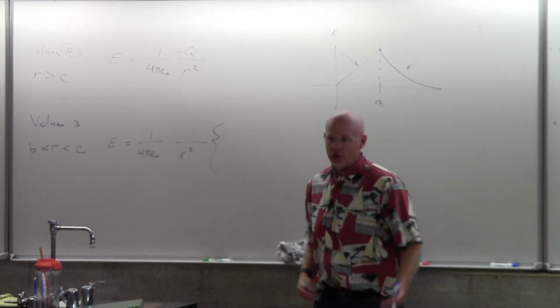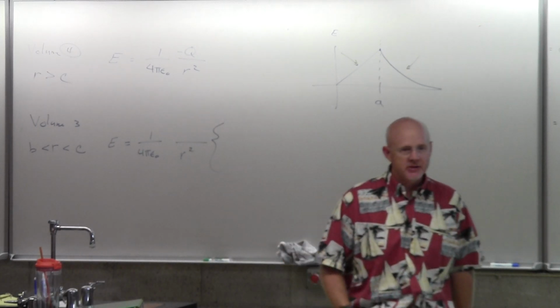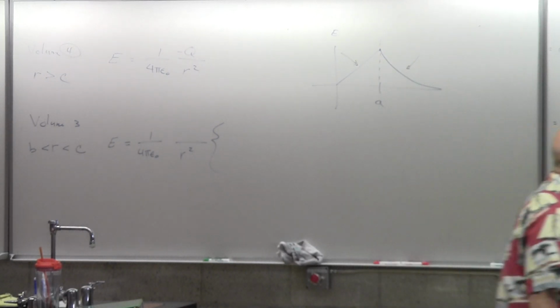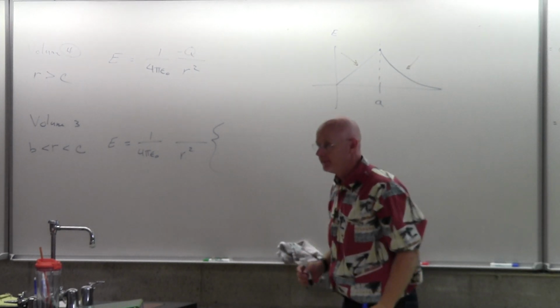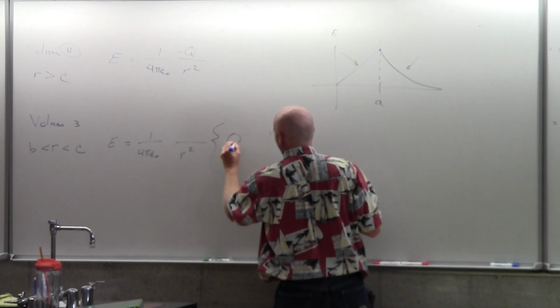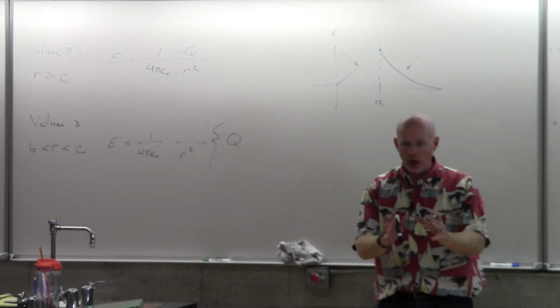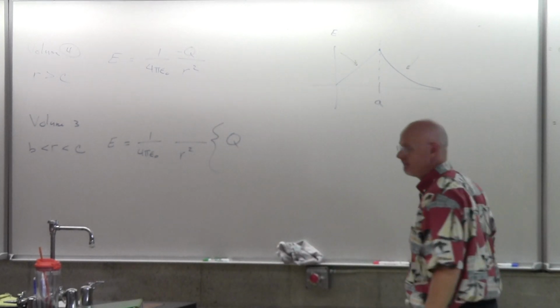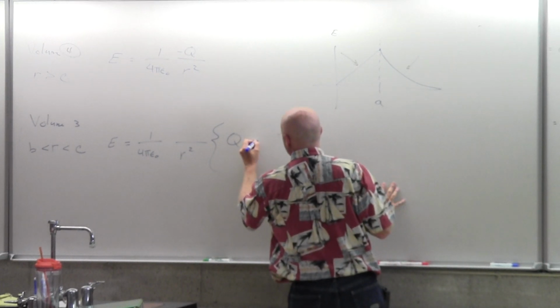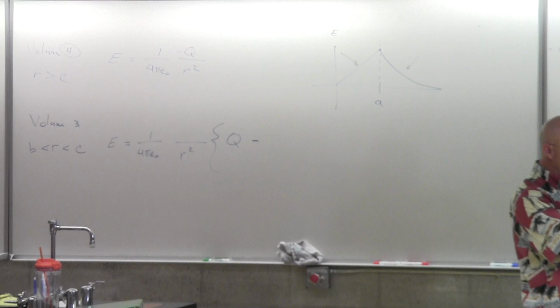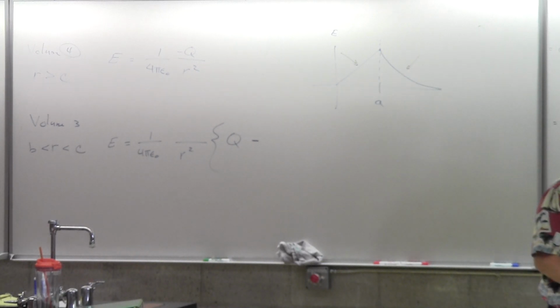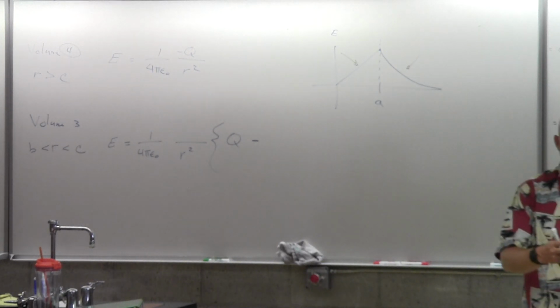Well, the total charge that's inside the Gaussian surface. And so if you imagine a Gaussian surface wrapping around volume 3, how much charge is in there? Well, there's Q from the brown ball for sure. Then there is minus, and it wouldn't be quite 2Q, right? How much would it be minus?